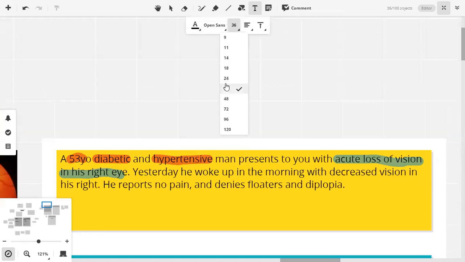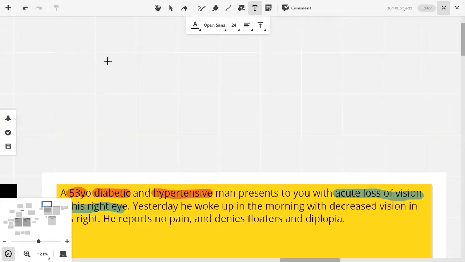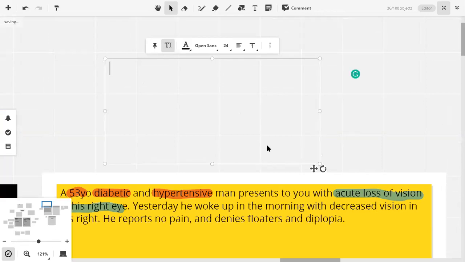What differentials should come into our mind based on just this initial sentence? What's the first diagnosis? Central retinal artery occlusion. Yes, the first differential is CRAO. What is your second diagnosis?